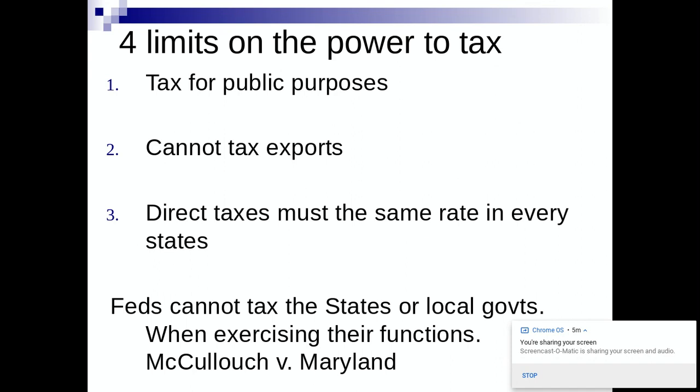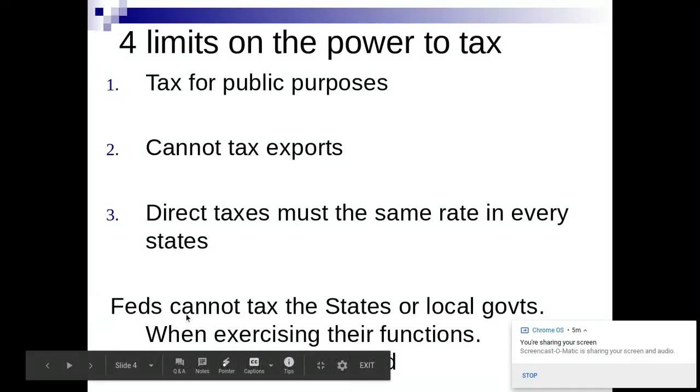Direct taxes must be the same rate in every state. So if you have a national income tax or whatever the case might be, a direct tax from the federal government, it has to be the same rate. You can't do one thing in one state and another thing in another state. And then the 4th thing, I know it's not labeled 4th, but this 4th thing is feds can't tax the states or local governments when exercising their functions. Oops, let me get off that. You can see the bottom.